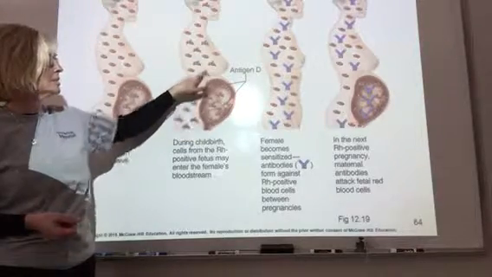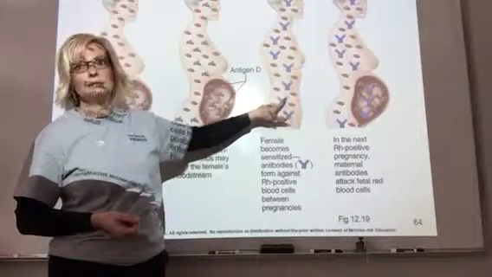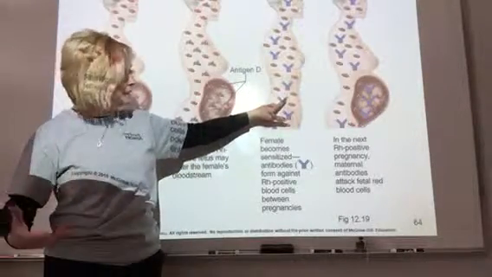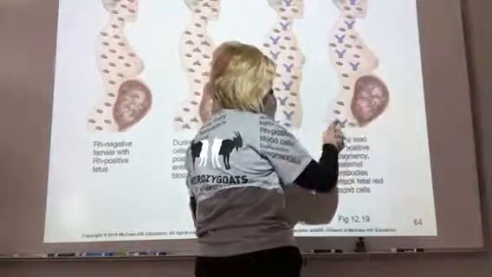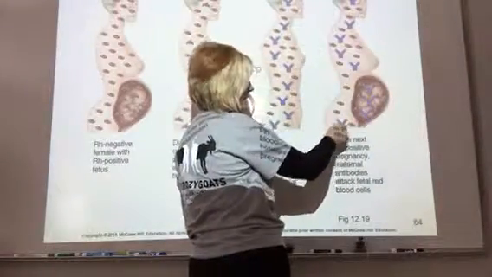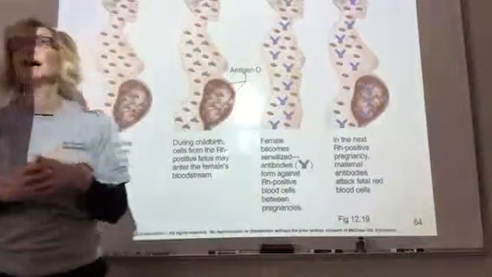So these red blood cells enter her bloodstream, she produces these antibodies. So then, if she had another baby and the blood entered, these antibodies could damage that baby.